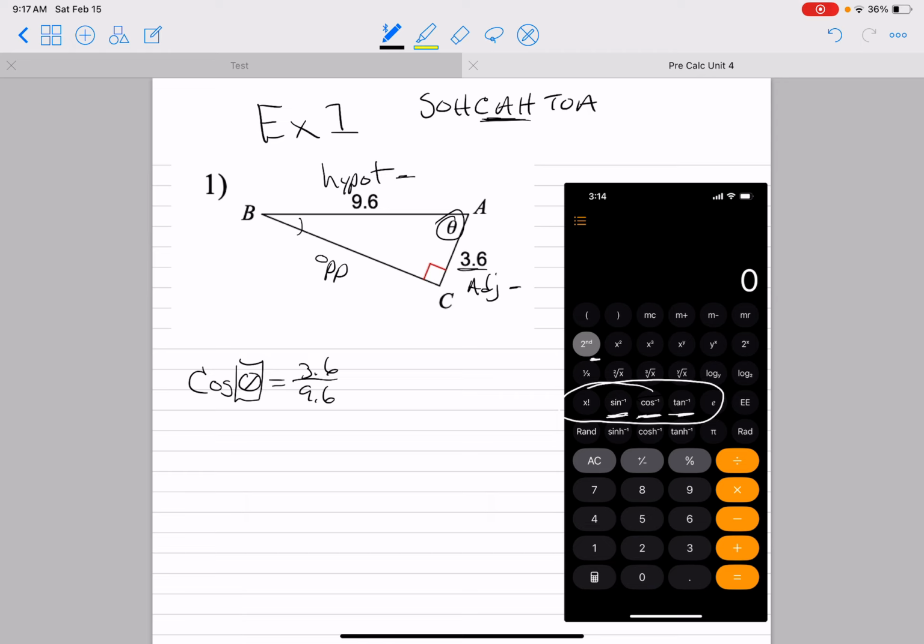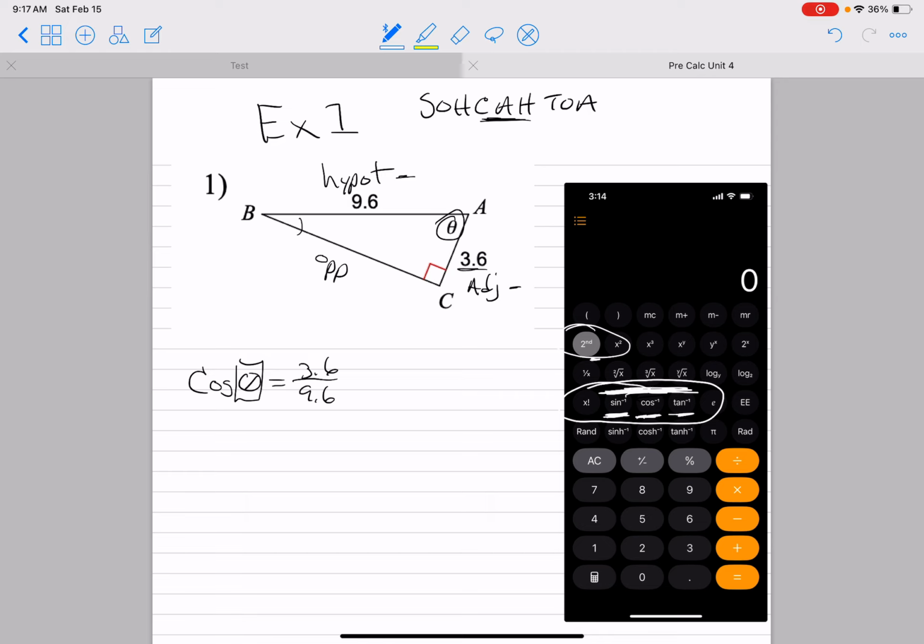So this is where you're going to take out your calculator on your phone. If you hit the second button, so it ends up being gray, you'll notice that the sine, cosine, and tangent buttons now look like this.